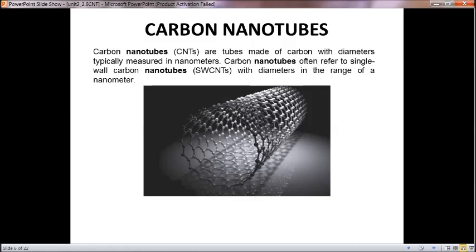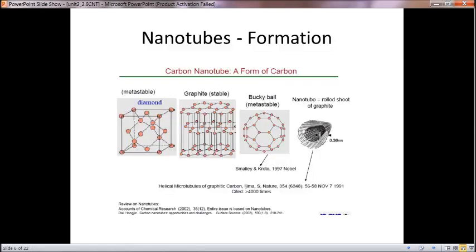This is the representation of a carbon nanotube image, and it is formed from carbon. The carbon nanotube is a form of carbon, and here we see the diamond shape, which has a lattice structure. This is the metastable one, and the stable one is graphite, which is oxidized to graphene, and then it is made metastable again whenever some allotropes are used to form a circular buckyball shape.